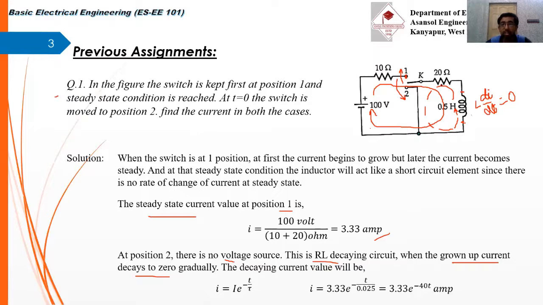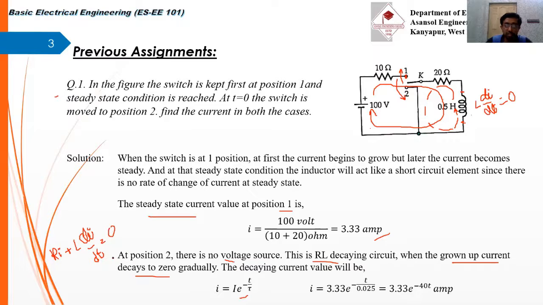The current value gradually decreases to 0, and that current value is capital I into e to the power minus t by tau. How will you calculate it? This formulation will be R into I plus L into di/dt equal to 0.